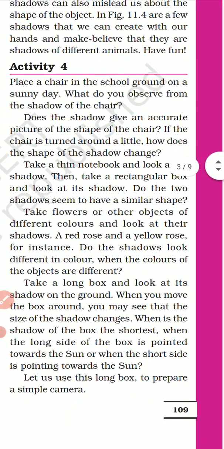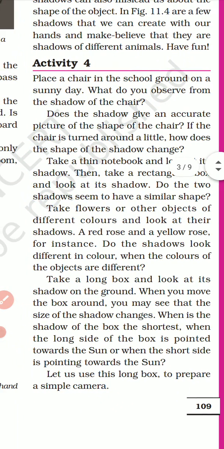Activity number 4. So we saw how light is important for us to see things and also important for shadows to be formed. Now let's continue. Place a chair in the school ground or in your house, of course, on the ground on a sunny day. What do you observe from the shadow of the chair?